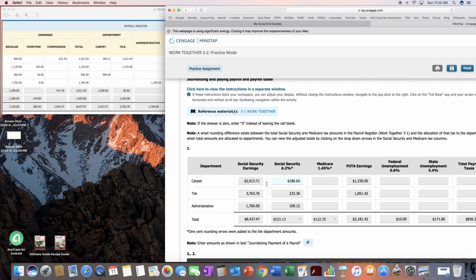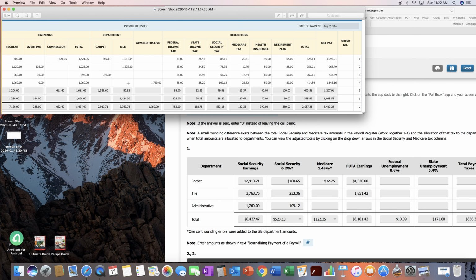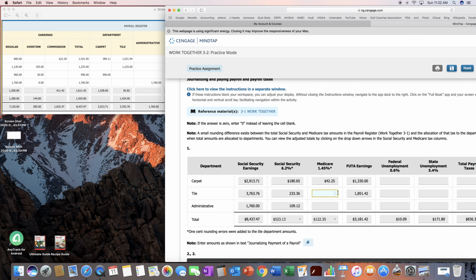Take this number times the 1.45. And why we're doing this, again, is we want to get each department's Social Security and each department's Medicare. Up here, we just have each employee's payroll situation, but not broken down into categories.